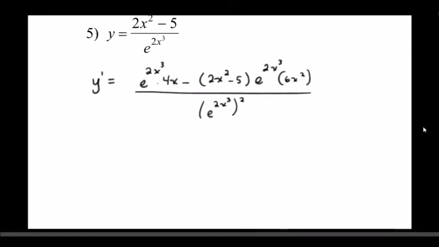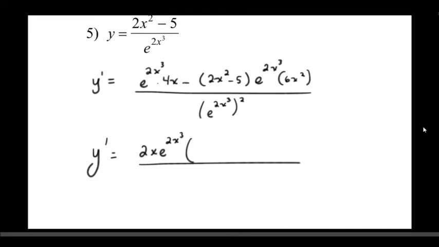So we need to, just like with the last problem, factor out some common terms from the numerator. This minus sign separates the numerator into a left side and a right side. So both sides have an e to the 2x cubed. Here's an x here that we can factor out of both, and between a 4 and a 6 we can factor out a 2. So we're going to factor out a 2x e to the 2x cubed.